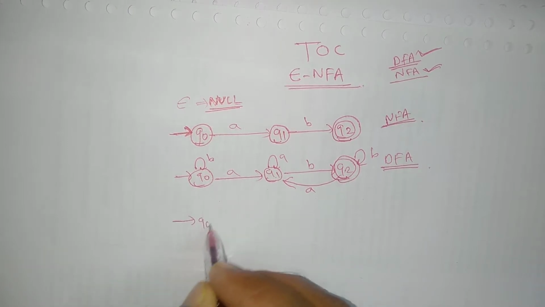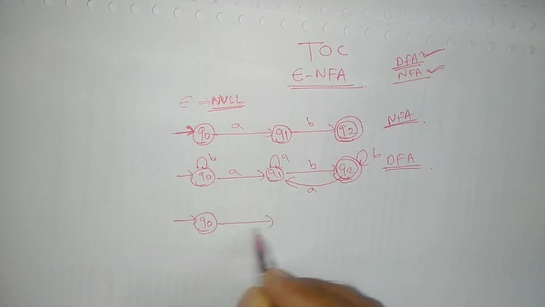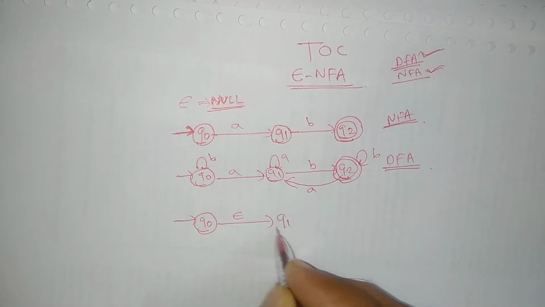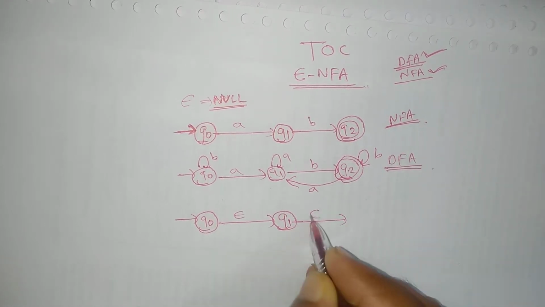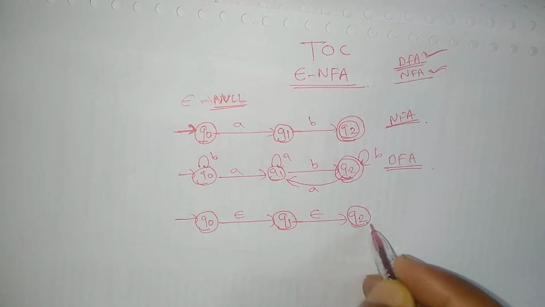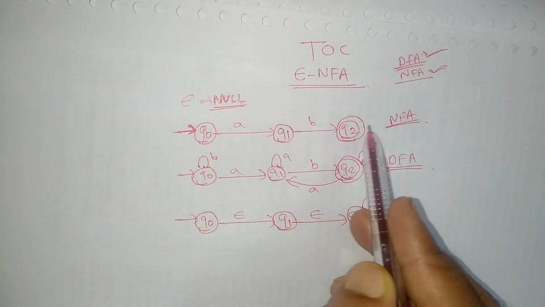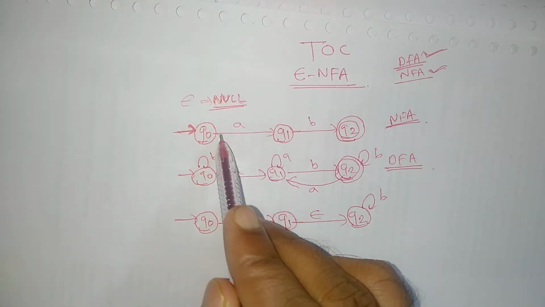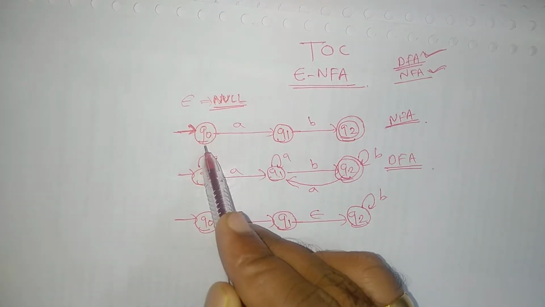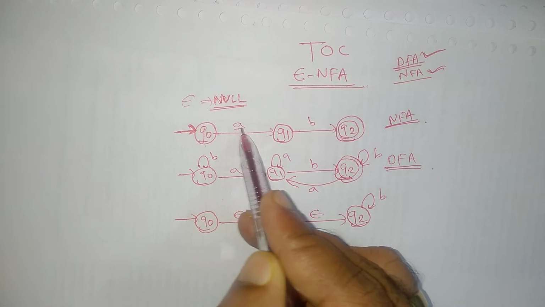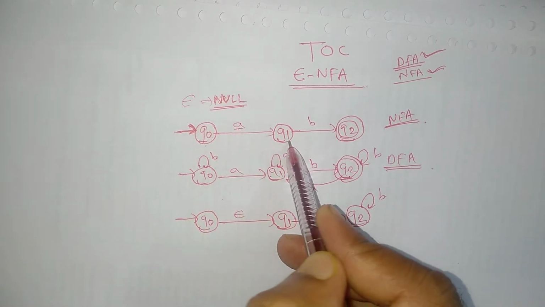Let's consider Q0 will be my starting state. With epsilon input I can go to Q1 state. With epsilon input I can go to Q2 state and I can have B as a self loop. What we understood here: in NFA I should have an input, Q0 will be a state, A will be input, then I will reach Q1.